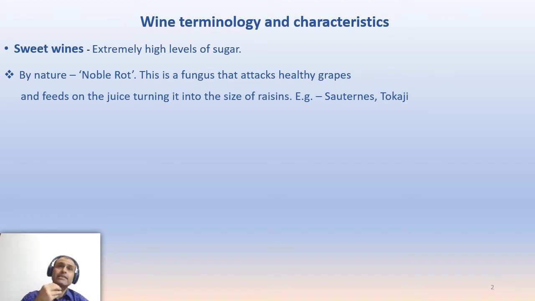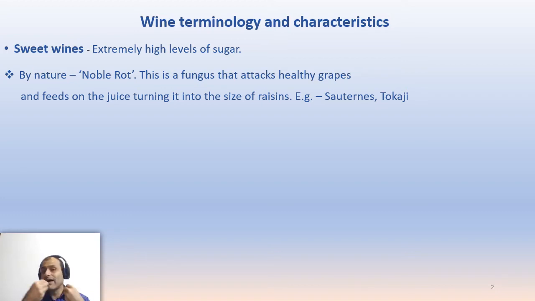So noble rot is basically a fungus that attacks healthy grapes, and it attacks the bunch of a healthy grape, but it doesn't attack every single grape on the bunch. So what happens is the berries that the fungus attacks, it bores little holes on the skin, and in the process of doing so, the moisture inside the grape starts to evaporate.